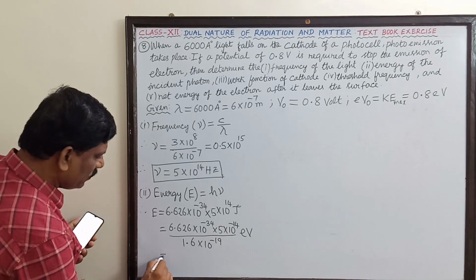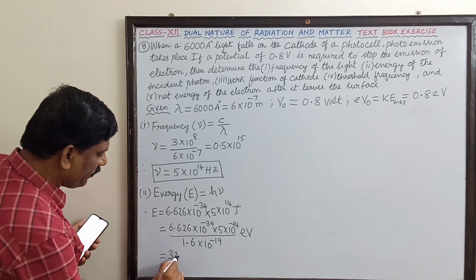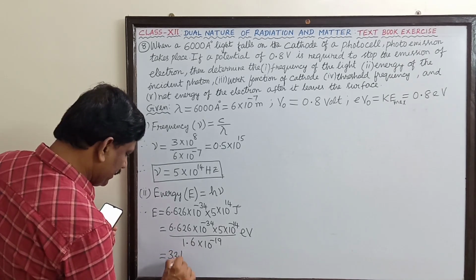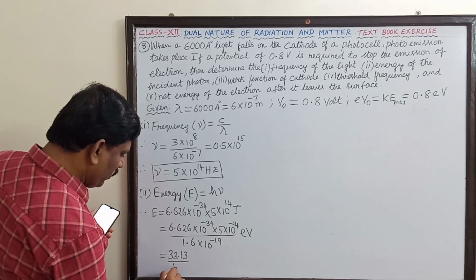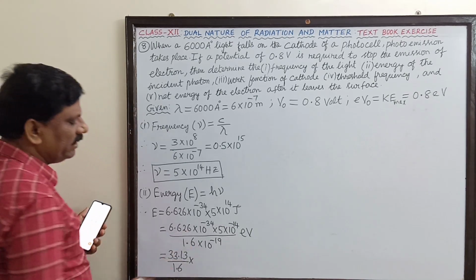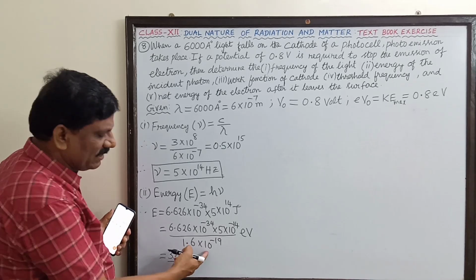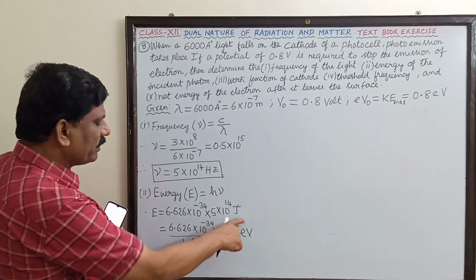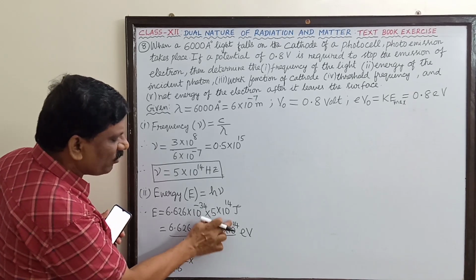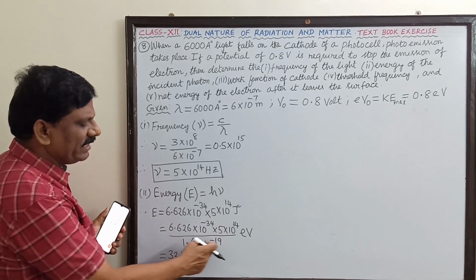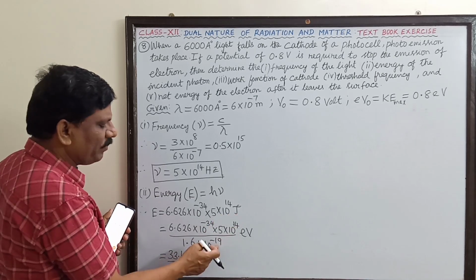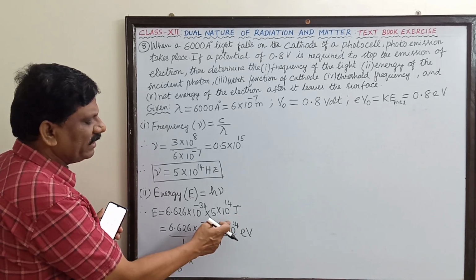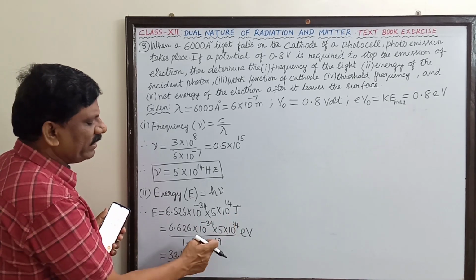So this is equal to 33.13 divided by 1.6 into, now adjust the 10 powers. This 10 power minus 19 goes to the numerator as plus 19, so into 10 power 14.